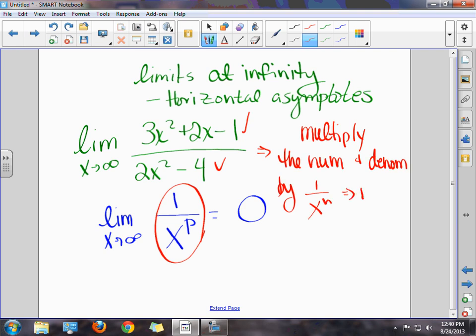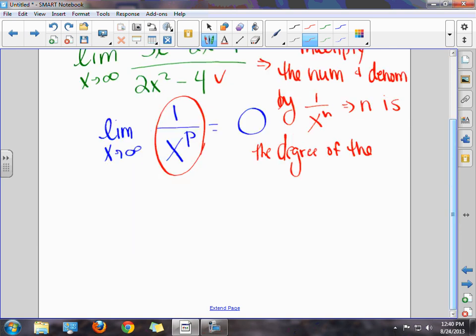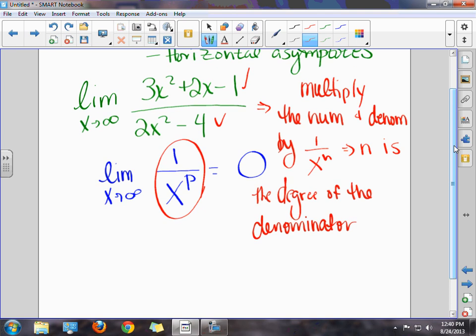And n is going to be the degree of the denominator. Always the denominator. Degree is the highest power, right? So here, the degree of my denominator is 2.